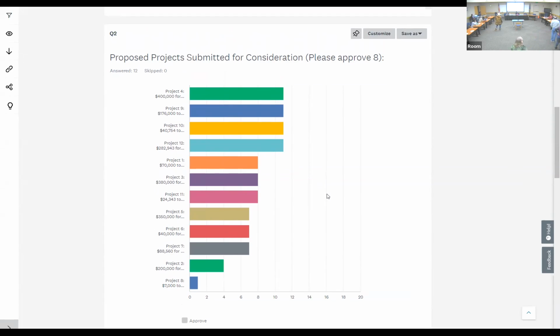Those 4 clearly pass. You have the one that shows the number of votes as well. Can you do that? Because we had the 8 votes. These all have 11 votes, which is a majority of the 14 members. So those are clearly okay.